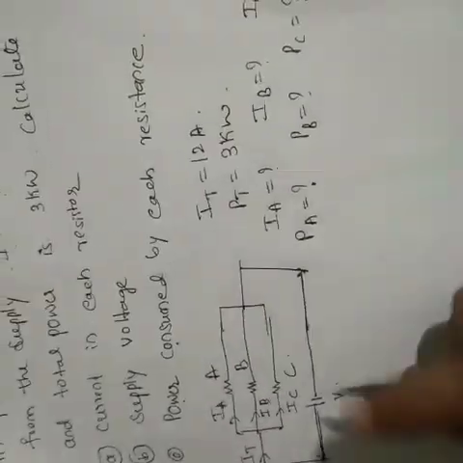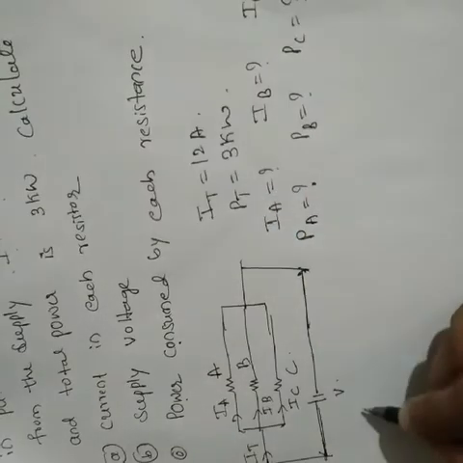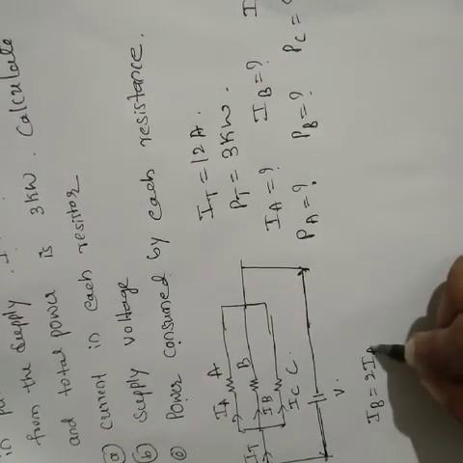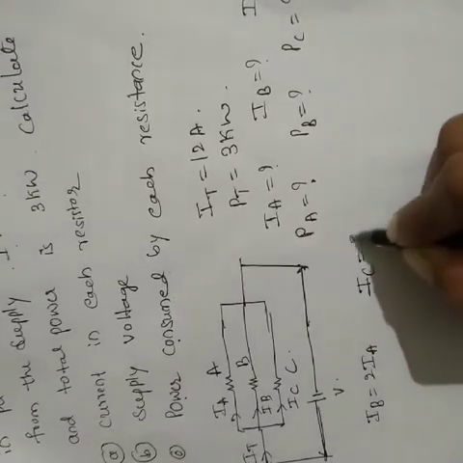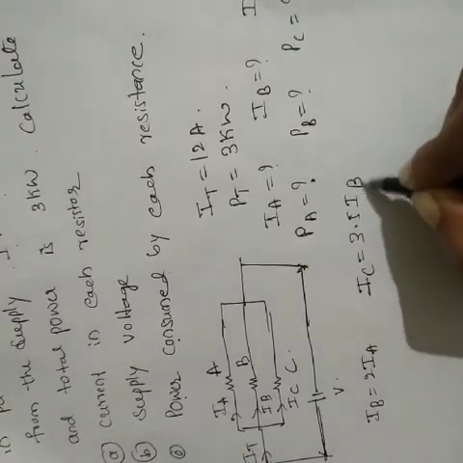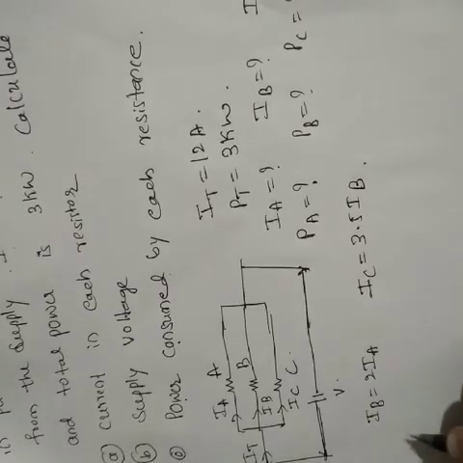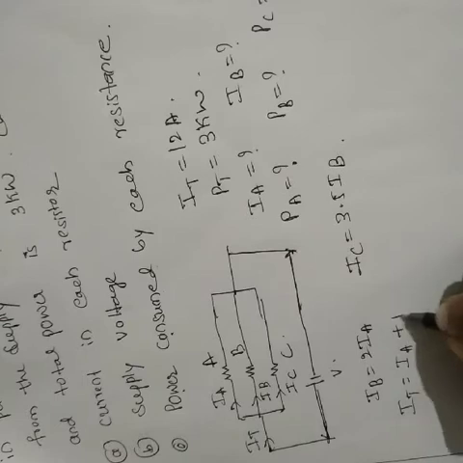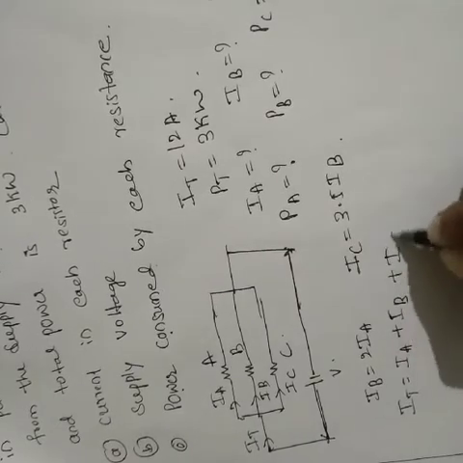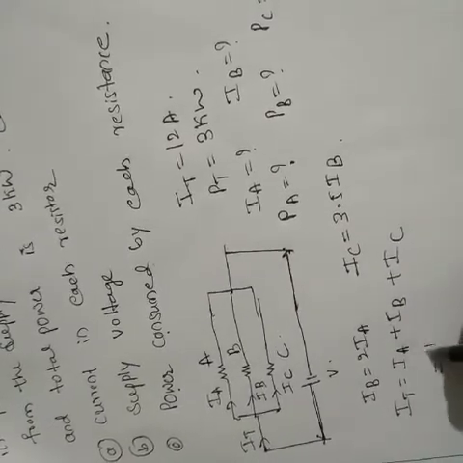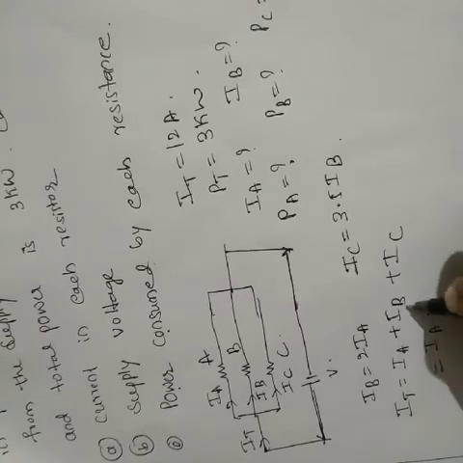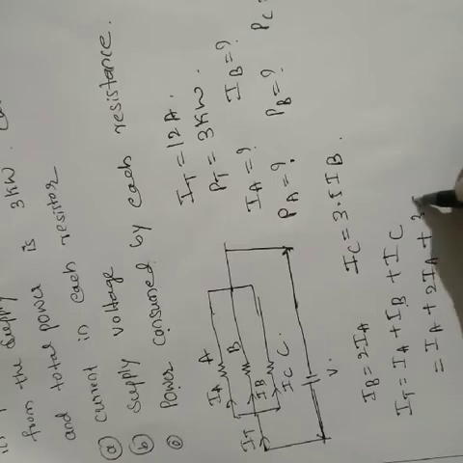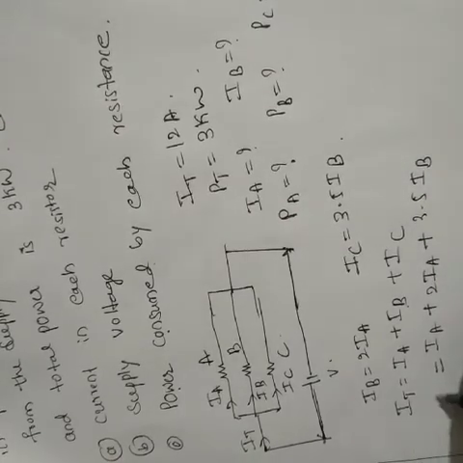Let us solve. They are given IB is equal to 2 into IA, and IC is equal to 3.5 into IB. Here, total current IT is equal to IA plus IB plus IC. IA you can write as it is. IB you can replace with 2 into IA. IC is 3.5 into IB, which is 3.5 into 2 IA.